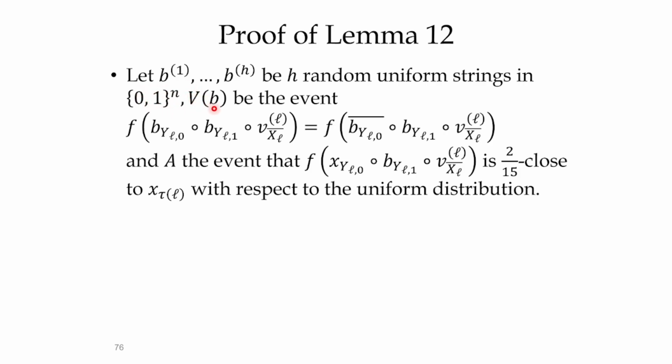Let V of B be the event where the functions are equal, even though over here we have B subscript capital Y and 0 bar, and A the event that the function of X subscript capital YL0 concatenation B subscript capital YL1 concatenation V subscript capital XL bar powered by L is 2 divided by 15 close to X star of L with respect to the uniform distribution.